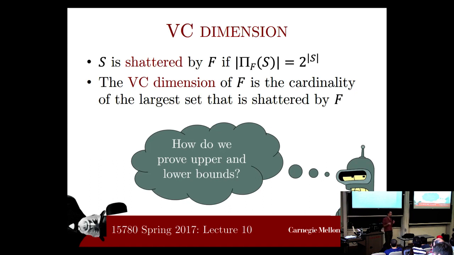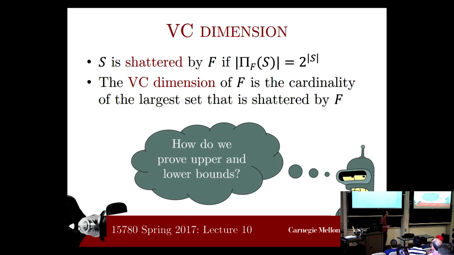So there are 3 quantifiers here. The VC dimension is at least D if there exists a set S of size D, such that for any labeling of S, there exists a function in F that gives you that labeling. So we rolled the 2 latter quantifiers into the definition of shattering.